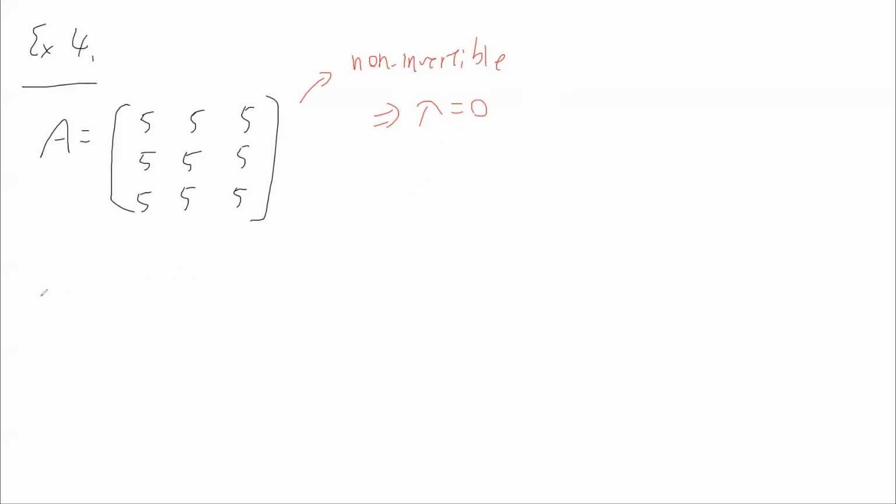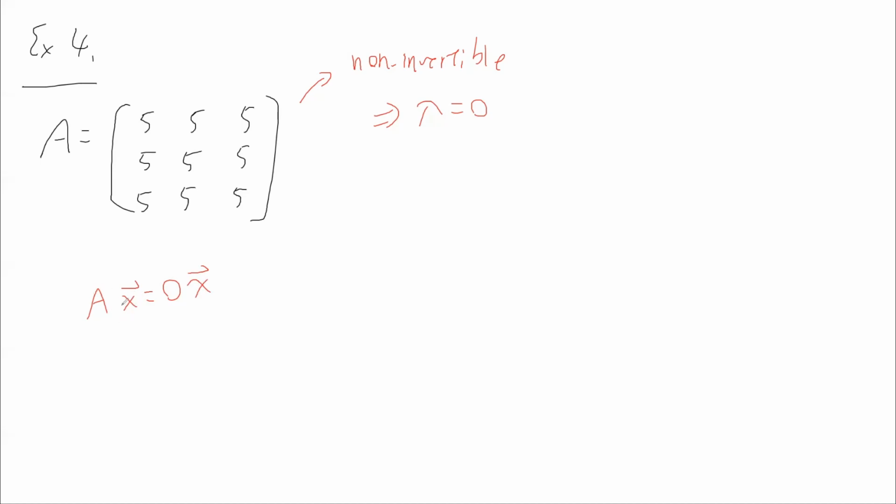That means we want to find the eigenvectors, so we want Ax equal to 0x. Of course, we know that 0 multiplied by any vector is going to be 0, but we also want A multiplied by x to be 0. So how do we pick x so that this left-hand side is 0?